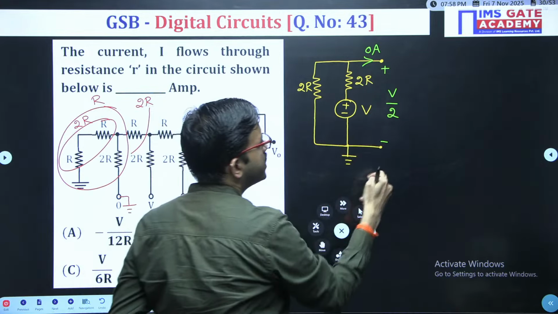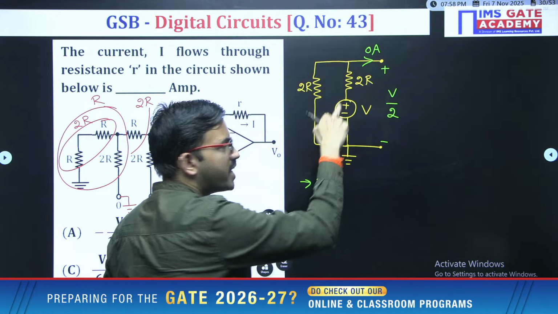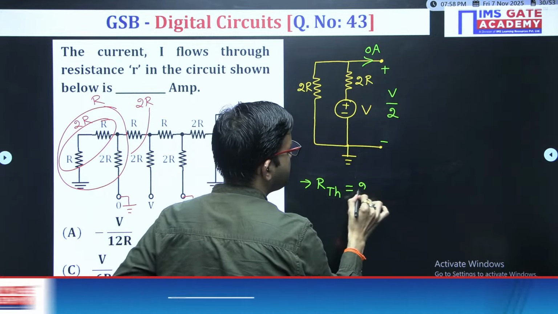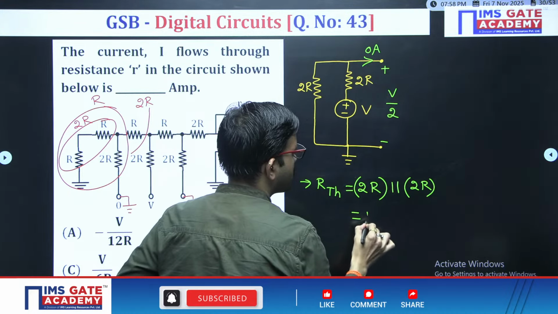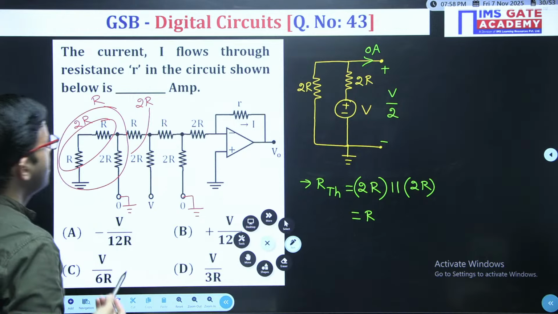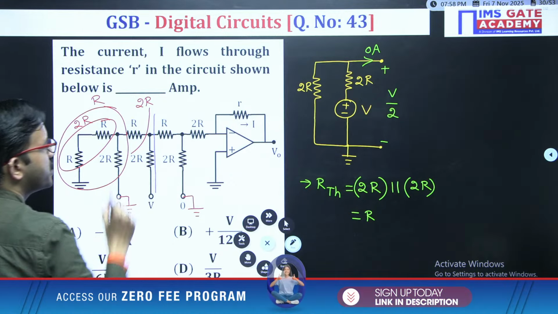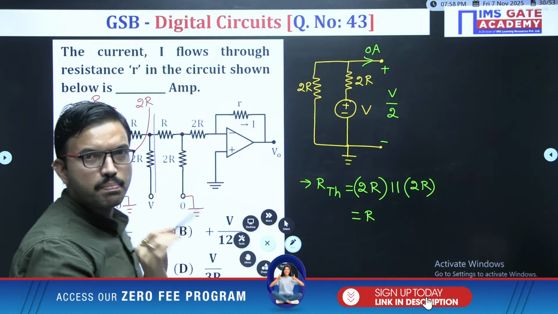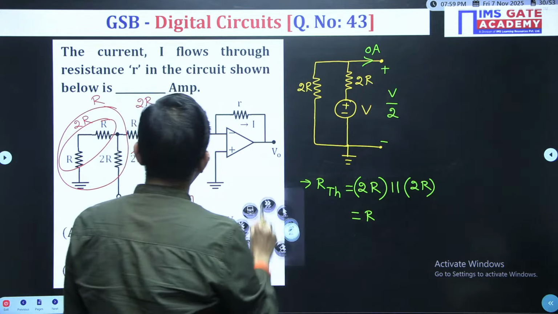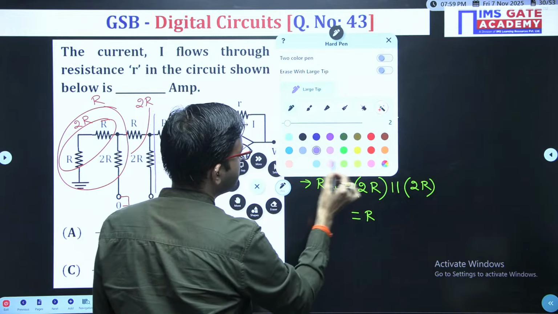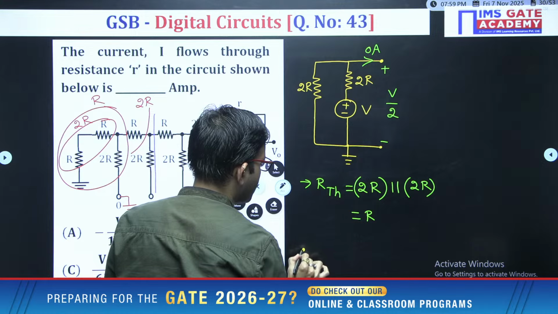Similarly, when you calculate RTH, you make the voltage source a short, then 2R is connected in parallel with 2R, which gives R. So up to here, this part of the circuit you can replace as a voltage source V by 2 in series with one resistance R. I'm just writing here: you are having one voltage source, V by 2.